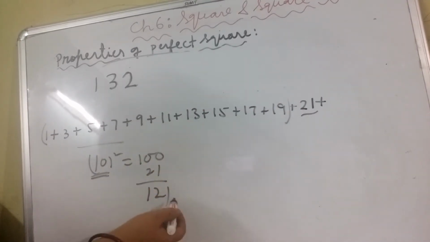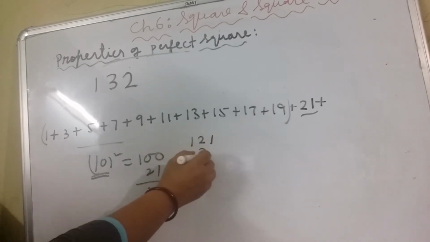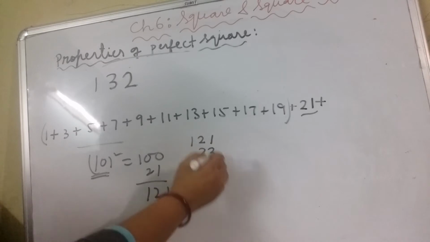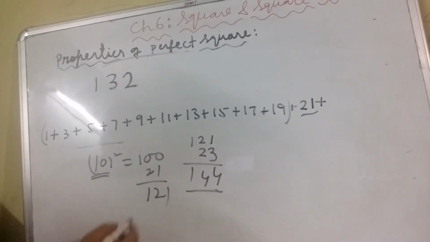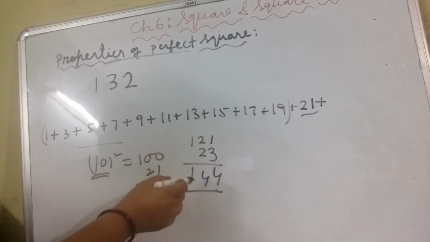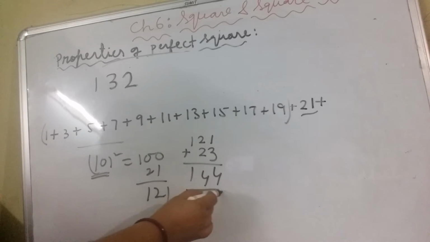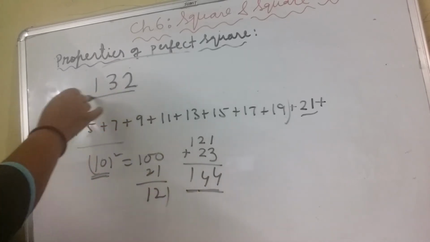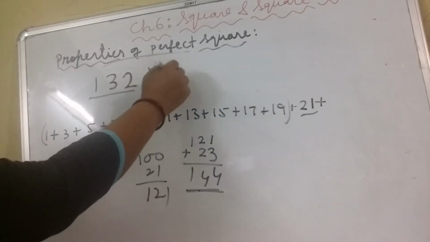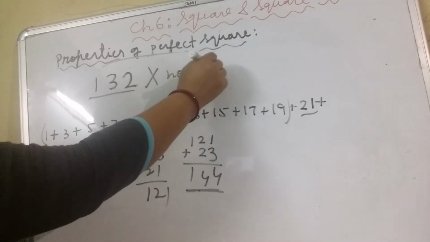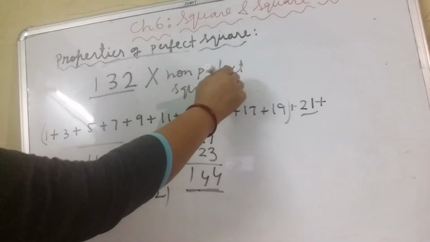After that the next odd number is 23, and adding gives 144. I'm not getting 132, so it's not a perfect square number, it's a non-perfect square number.